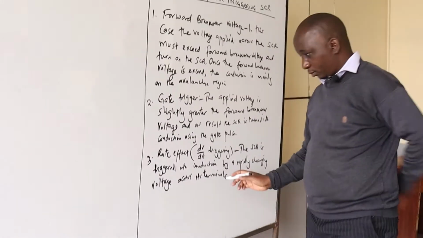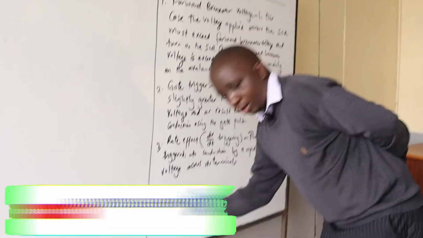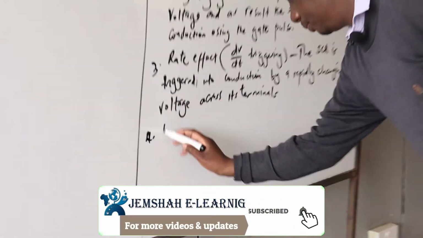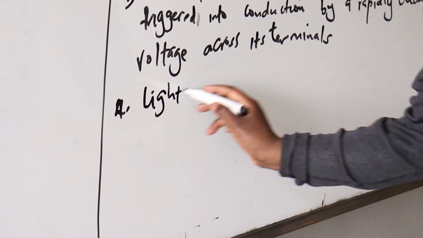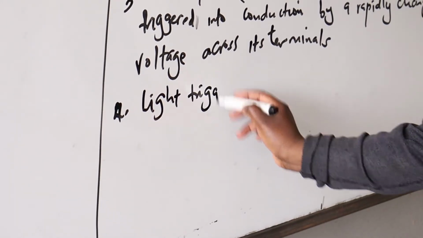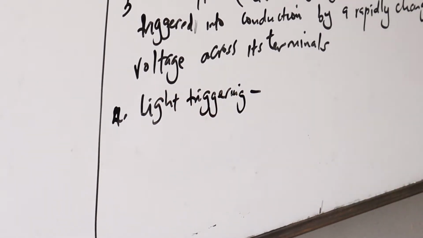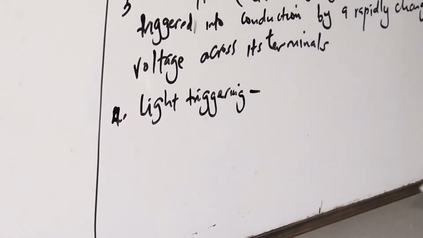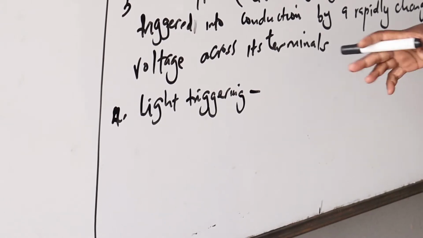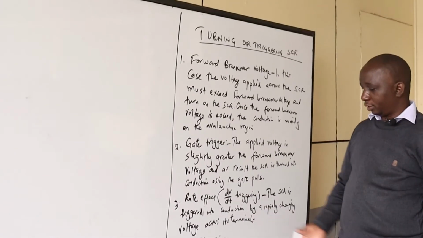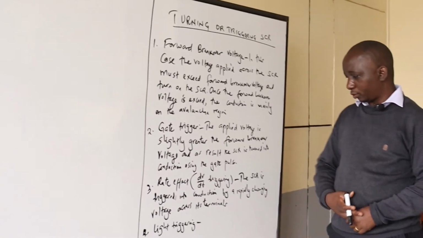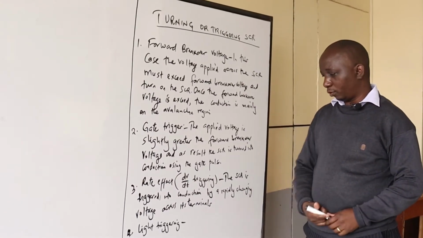And lastly, we have what I refer to as light triggering. With light triggering, we direct a beam of light across the junction so that junction J2 is put into conduction before the actual flow.